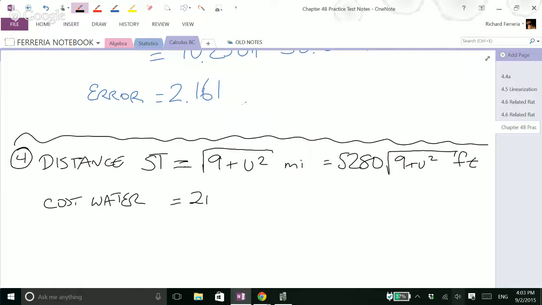Plus 9, 5 times 5. Okay, that good? So you've already multiplied 5,280 by the square root of 9 plus U squared. This is in miles here, and we need to know in feet. Oh, so that's the number for that. That's a conversion for feet, yeah.